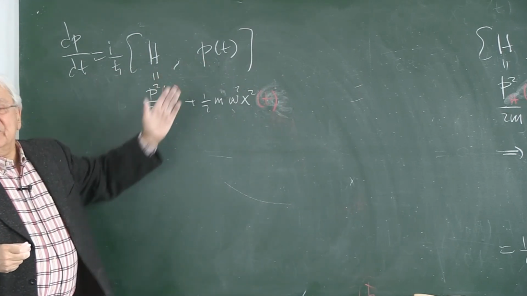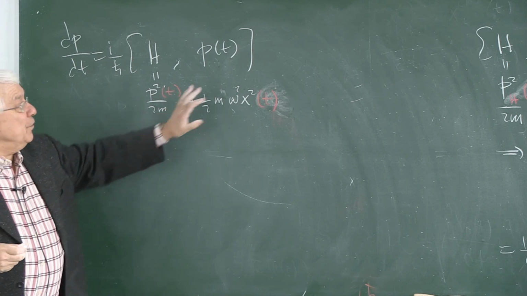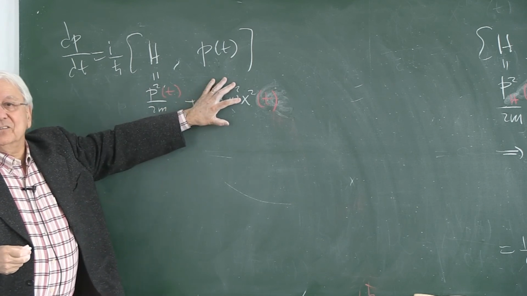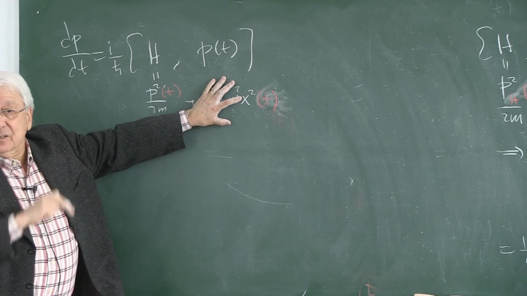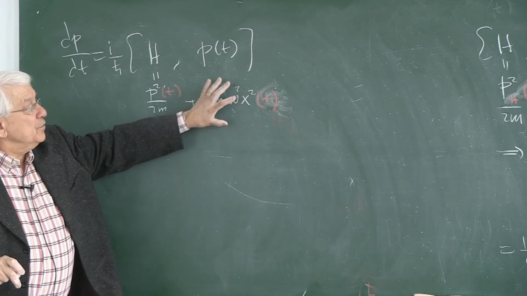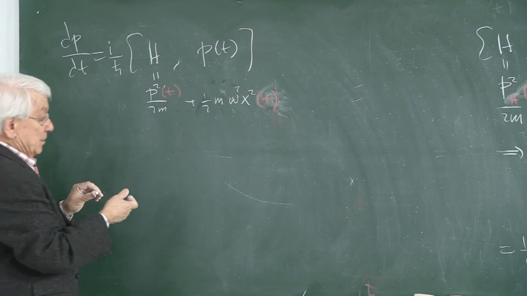The first term this time commutes. If it wasn't for the second term, we would be getting 0 in the right-hand side and constant momentum, etc., as in the previous case, the free particle case. But now the presence of this changes everything.